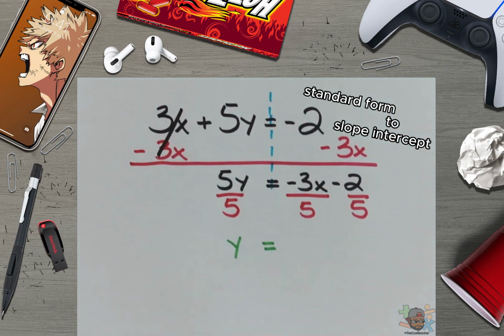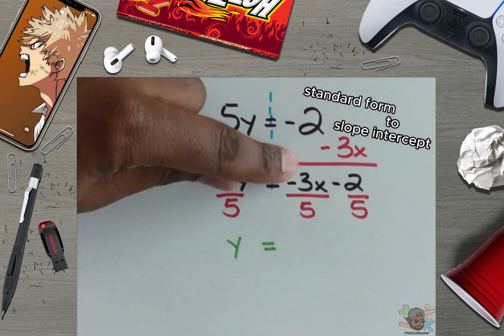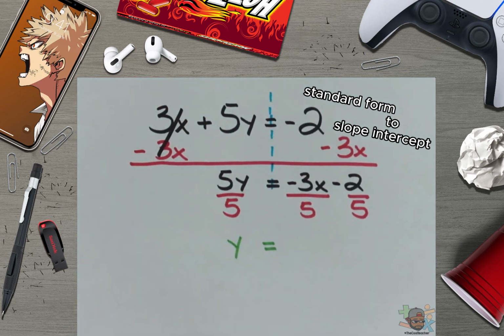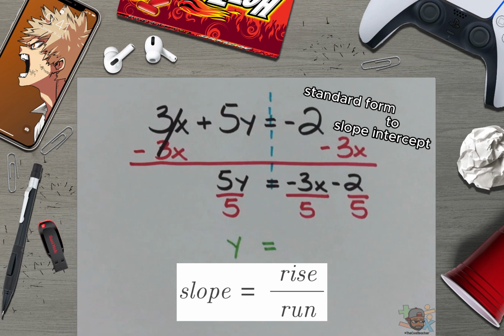-3 divided by 5. Everybody is going to want to put that into the calculator and get a decimal. Please don't do that, because this is a slope-intercept function, and I need my numerator and denominator, since that's my rise over run. That allows me to graph this on a coordinate grid.